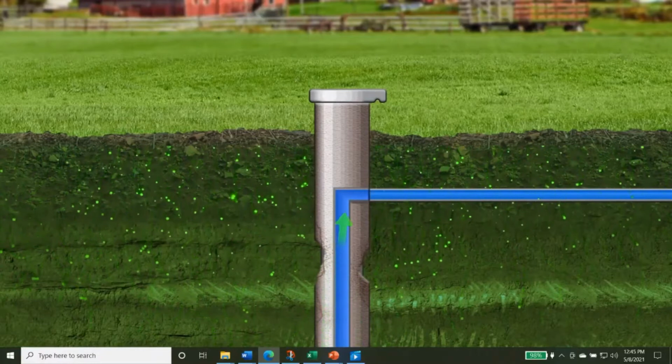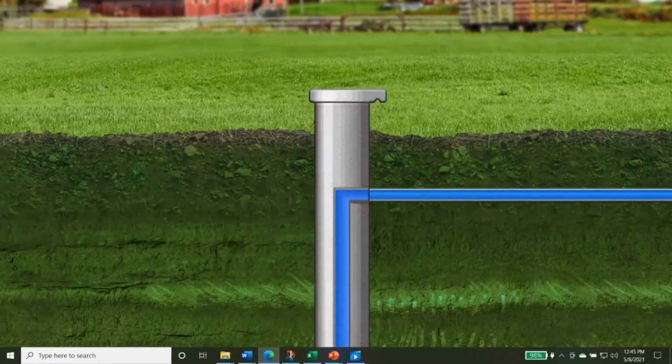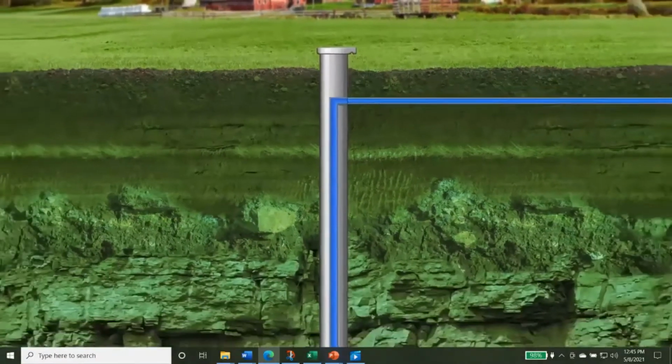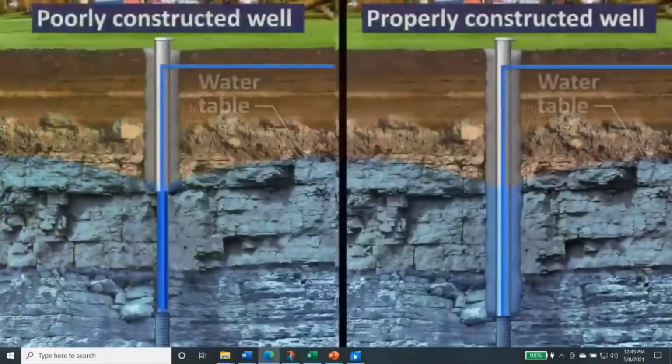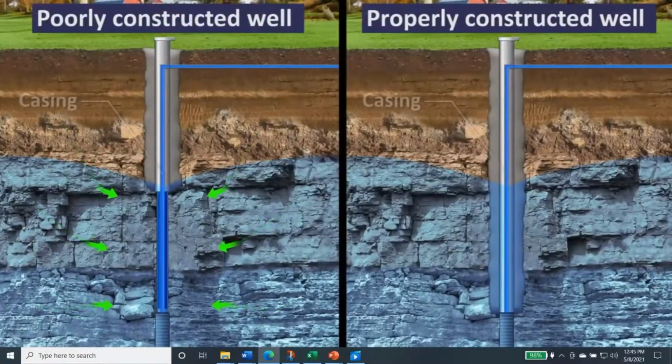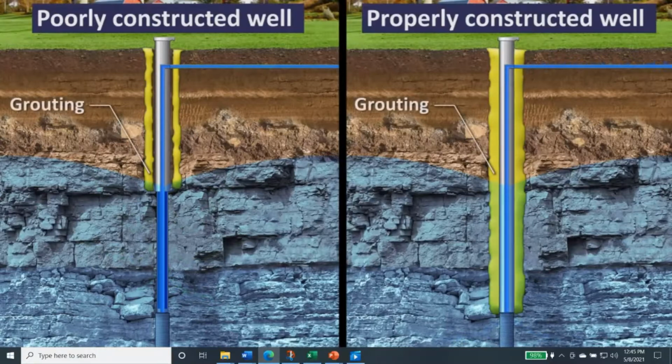Casing also plays an important role in determining which area of the aquifer a well draws water from. When comparing two wells at the same depth, the well with shorter casing may have much different water quality, even though they are right next to each other. Similarly, grouting is intended to fill any gaps between the casing and surrounding bedrock.